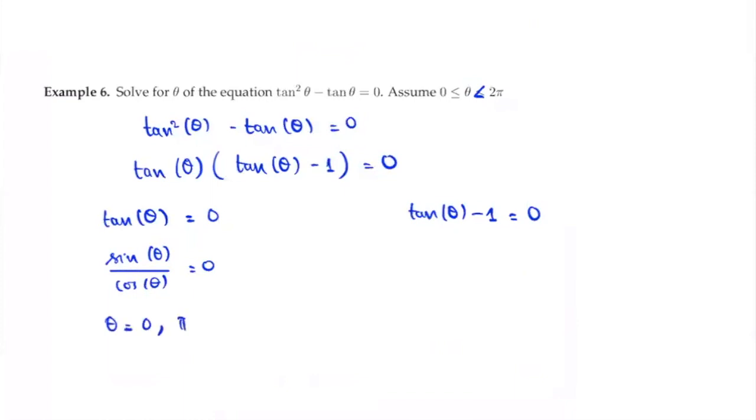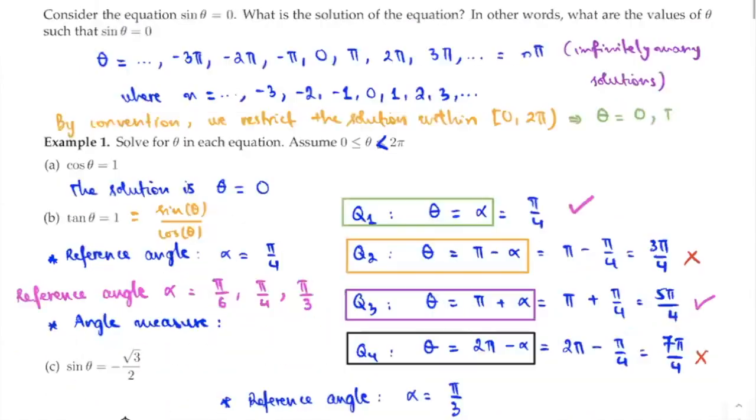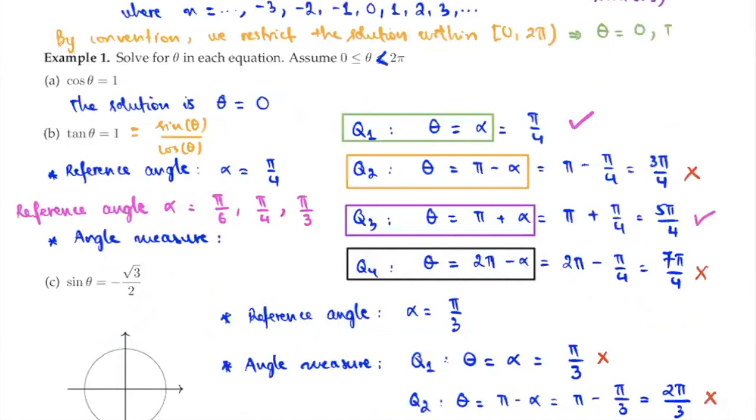Now for the second equation, tangent of theta minus 1 equal to 0. You solve for this and you get tangent of theta equal to 1. You saw this problem earlier in example 1b, and you get the solutions pi over 4 and 5 pi over 4.